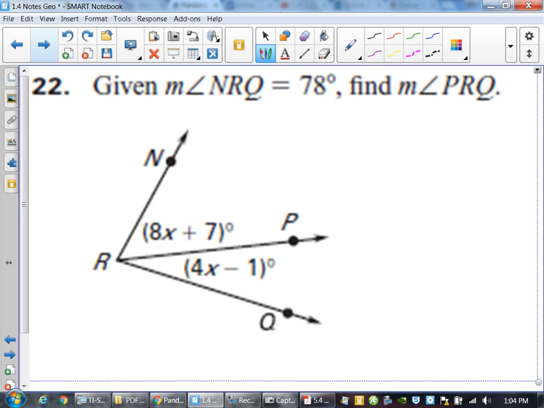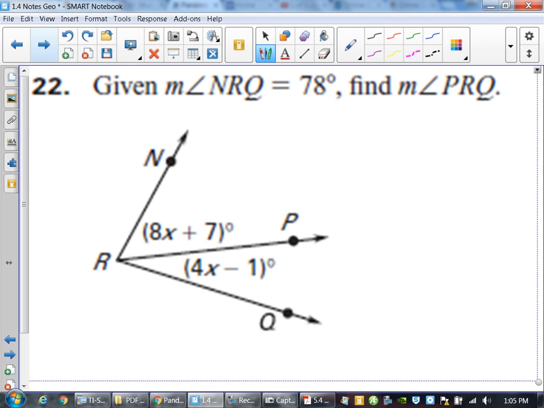The only difference is now the angle itself here is the 78, and this part of it was the 8x plus 7, and this part was the 4x minus 1. All we're doing is, instead of going straight across from one another, we're turning. That's it. It's the only change here, guys. The math, the algebra is the same.